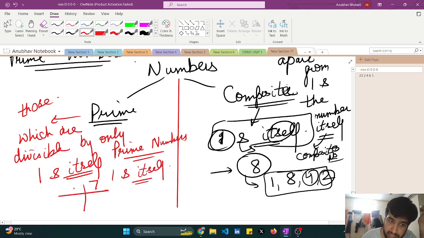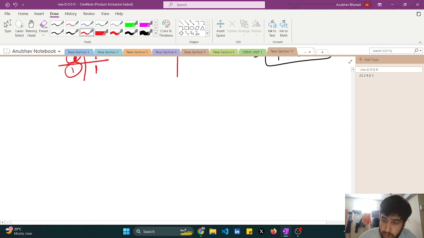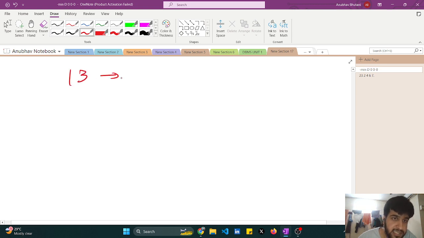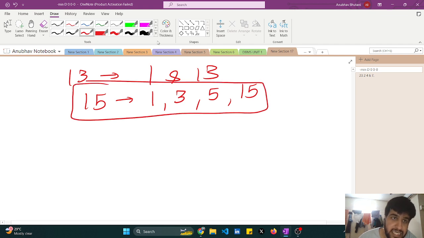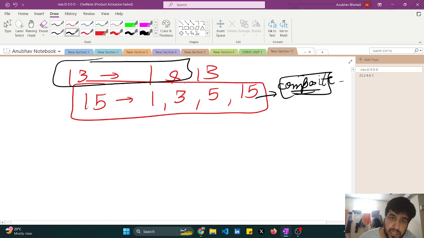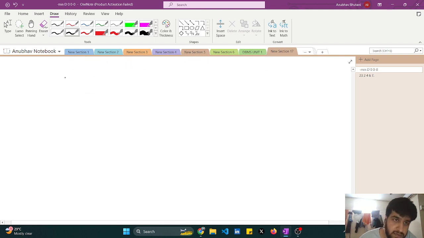If I take 7, 1 and 7 are the only factors. 7 is only divisible by 7 and 1. If I talk about 13, 13 is only divisible by 1 and 13. 15 is divisible by 1, 3, 5 and 15, so this is a composite number that has more than two factors. We don't need composite numbers for this question, so I am going to stick to prime numbers for now.